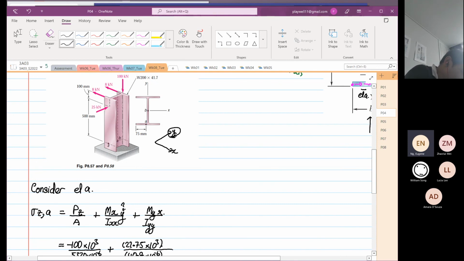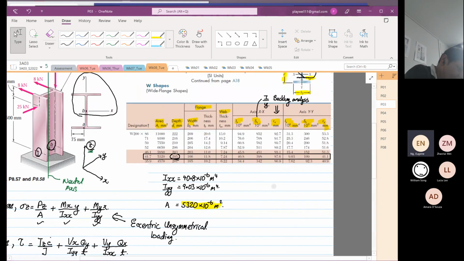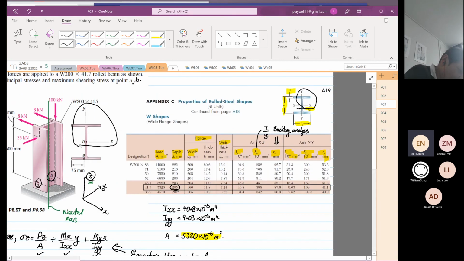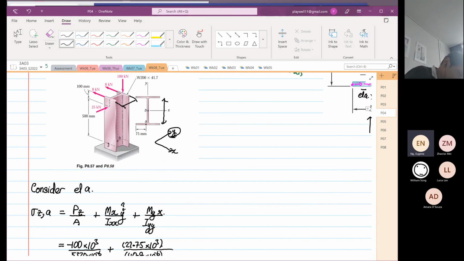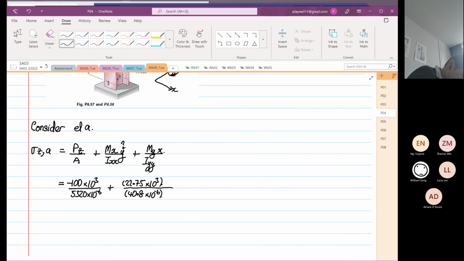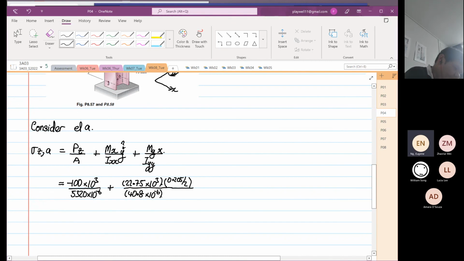So that is basically this entire distance over here, divided by 2. So we go back to our table again. That distance is d, so 0.205 divided by 2. Right, so we have done the moment in X.